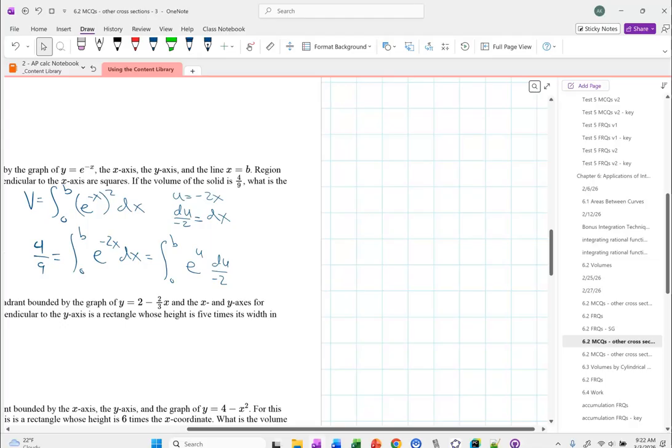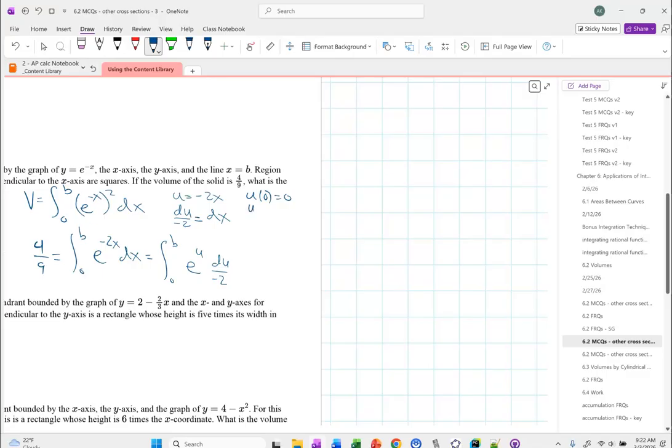I suppose I could, let's do this. That'll probably make our lives a little bit easier. So I'm going to adjust the bounds in terms of u. That'll save me a bunch of back substituting since I have to solve for b anyway.